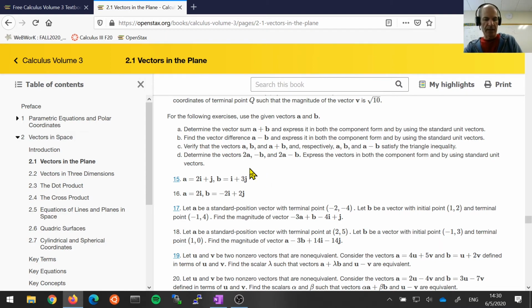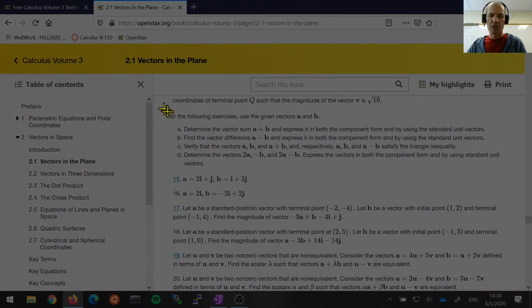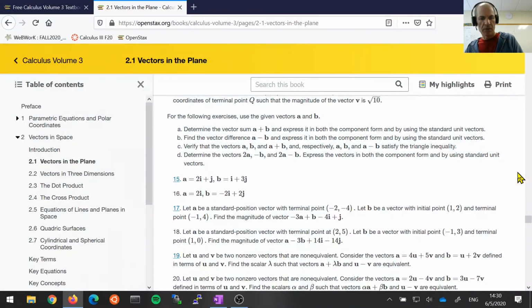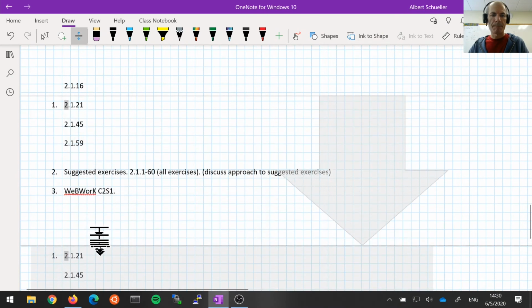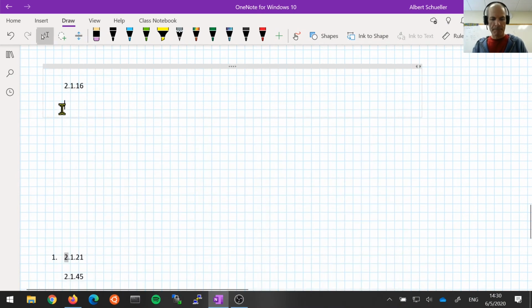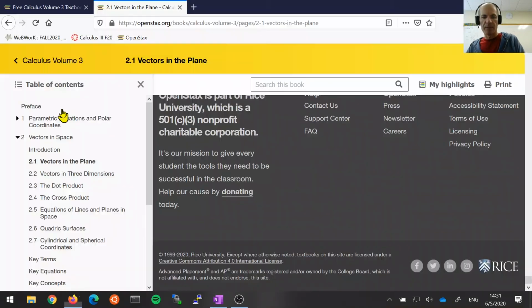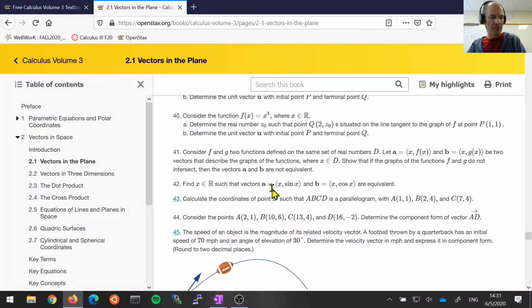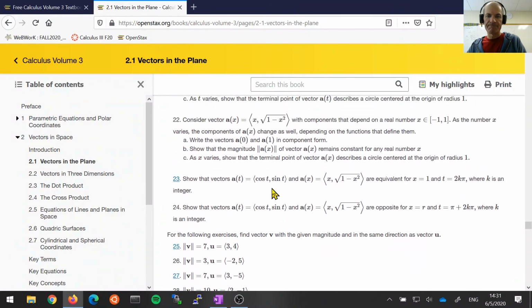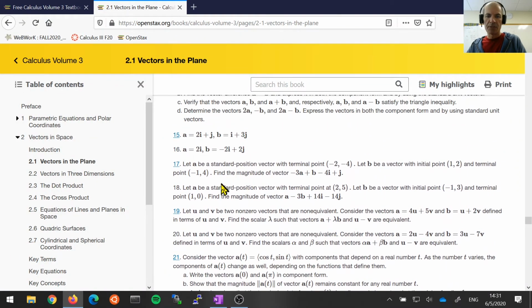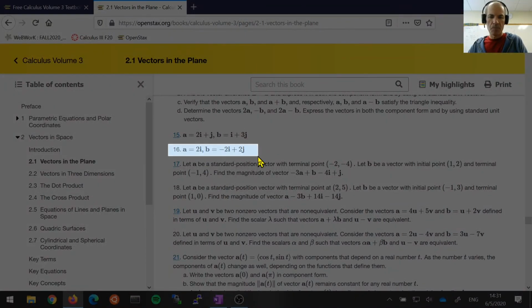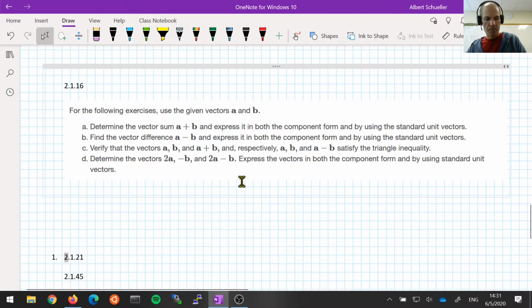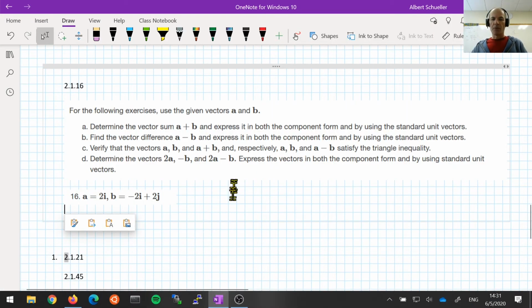So why don't we grab a copy of all of those instructions for our notes. And then let's grab a copy of number 16 here. And let's do all the things.